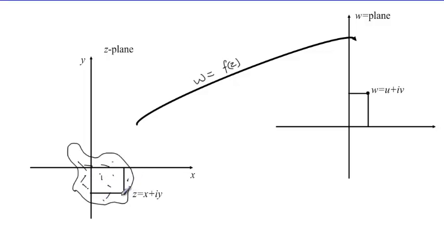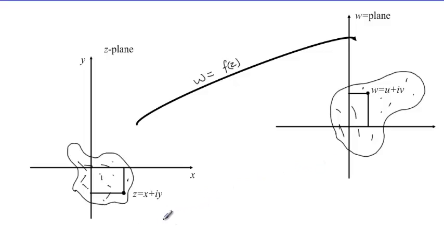A point z here will be evaluated and give us a point omega there, and this region could be transformed to another region of a different shape from what it was there. Then we're talking about this as the image of this region on the omega plane. And you remember also that complex numbers are represented in such a system which we call an Argand diagram. But in this case, this would be a graphical representation of a complex function.